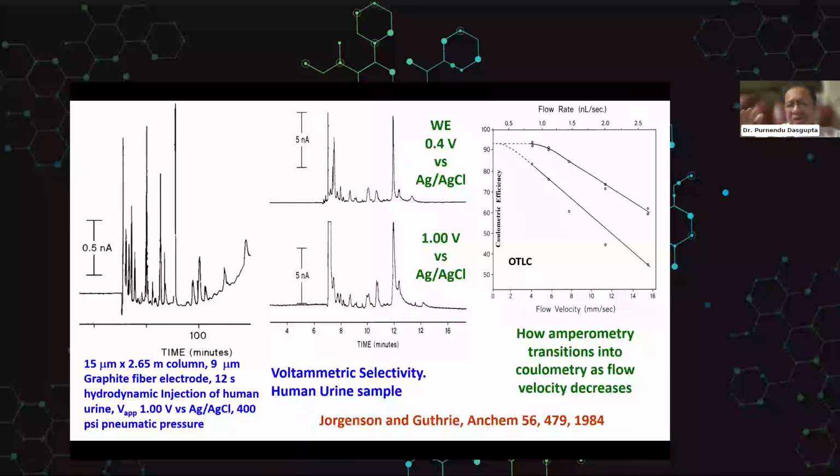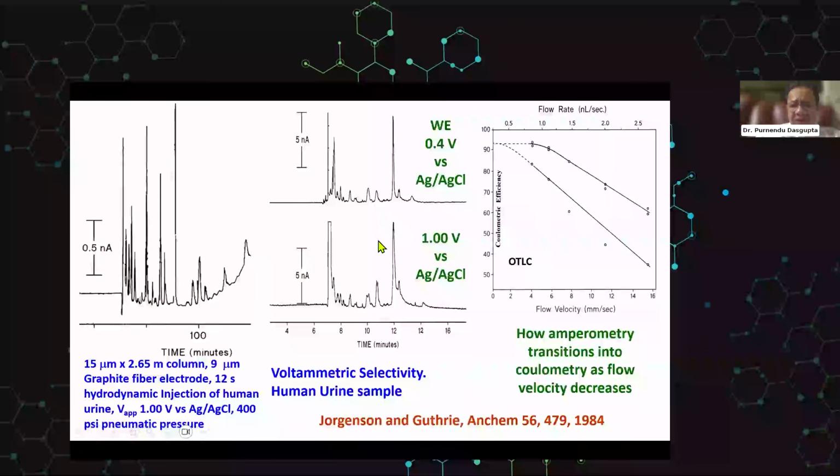In voltammetry, we can vary the voltage either at different steps or we can scan during the run. In this case, they're showing how that same chromatogram looks once at 1 volt and once at 0.4 volts.